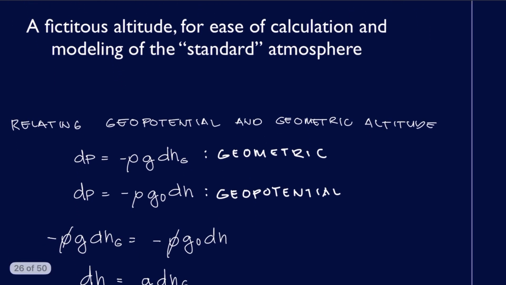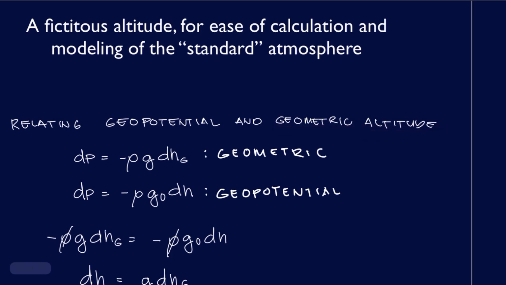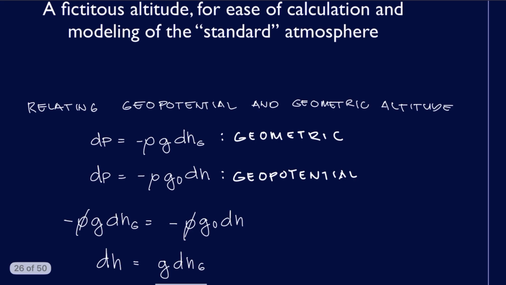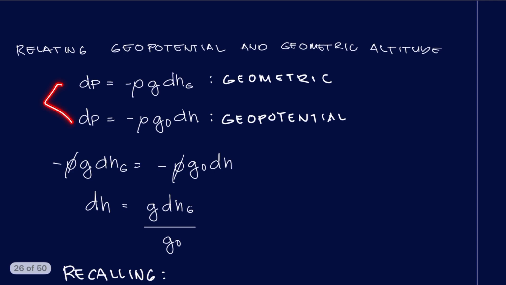The geopotential altitude is related to the geometric altitude, which is just hg, by the hydrostatic equation, knowing that delta P is equal to negative density times gravity times delta hg, and that delta P is also equal to negative density times gravity at sea level times delta H. We can relate the two equations by equating them in terms of dP.